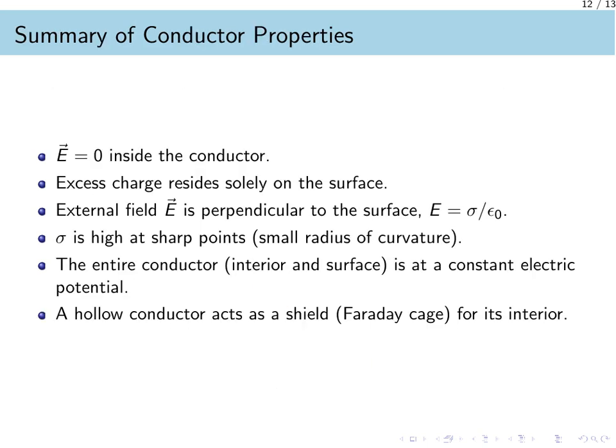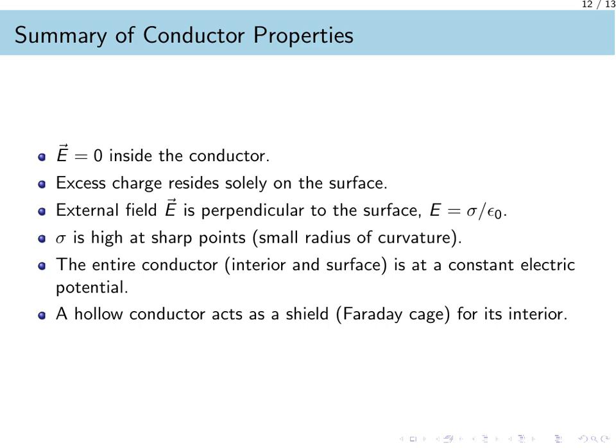To summarize the key properties of conductors in equilibrium. First, the electric field E is strictly 0 inside the conductor material. Second, any excess net charge will reside solely on the outer surface. Third, the external electric field is perpendicular to the surface, and its magnitude equals the surface charge density sigma divided by epsilon 0.